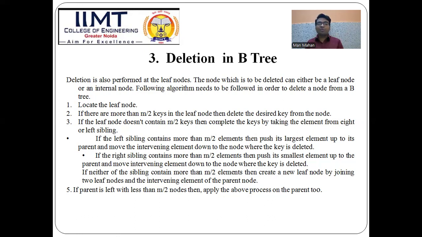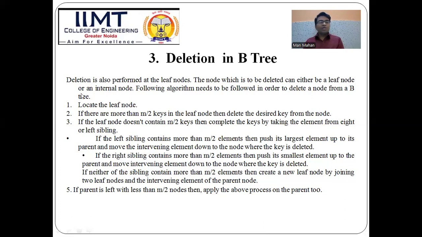What are the properties of the B tree? It maintains a minimum number of keys, m by 2. Each node has a minimum of m by 2 keys and a maximum of m. These are the properties relevant to deletion in the B tree.